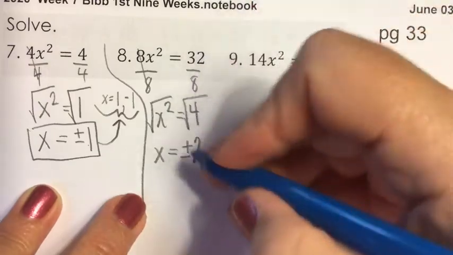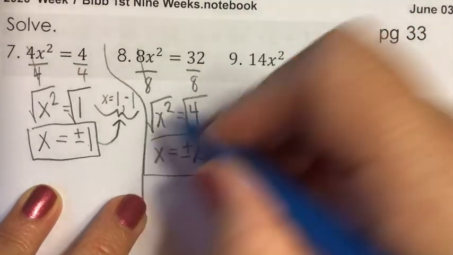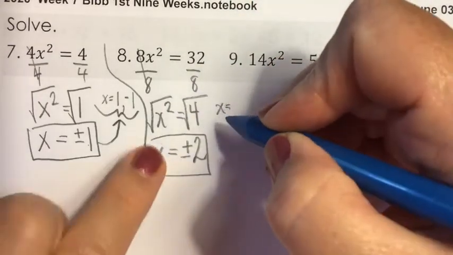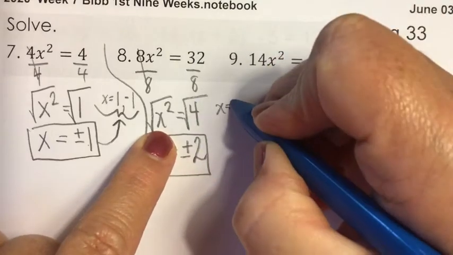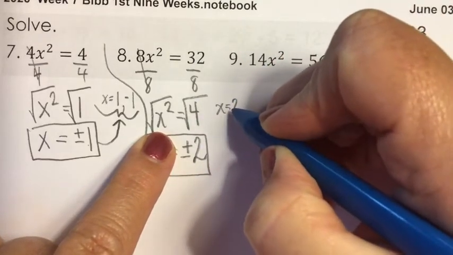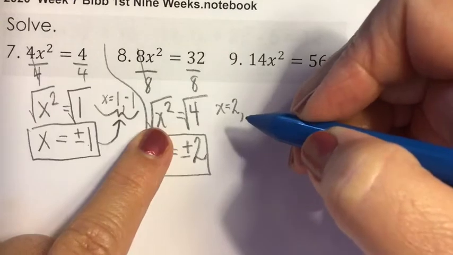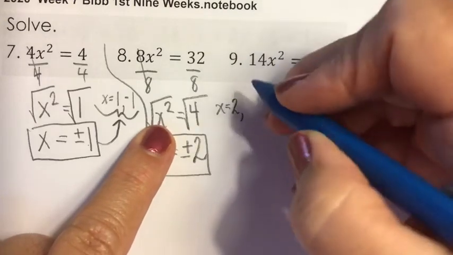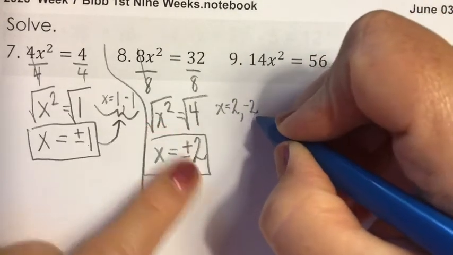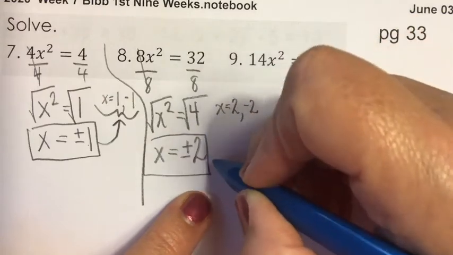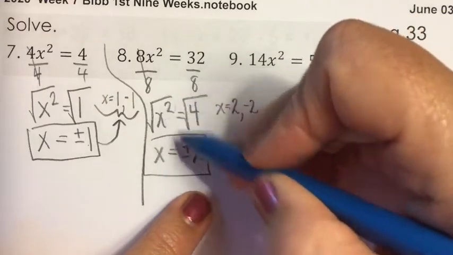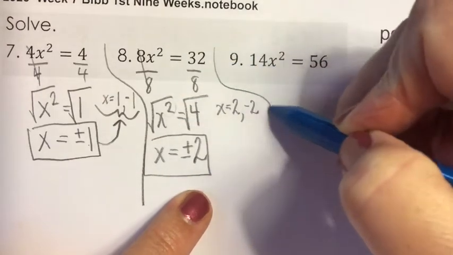The reason that you have plus or minus 2, remember, what can you square to get 4? You can square positive 2. 2 times 2 is 4. What else can you square to get 4? Negative 2. Negative 2 times negative 2 is also positive 4. So there are two answers to this problem.